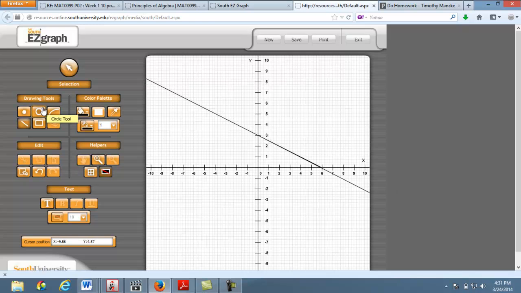If you wanted to indicate with a points tool, here was the y-intercept, and I think it'll let me do the x-intercept right over here. Plot there. And you could add some text if you want, but that's just for show.